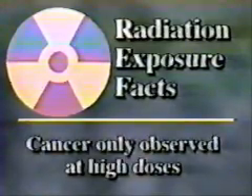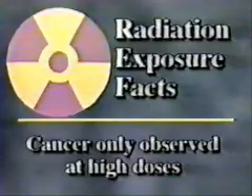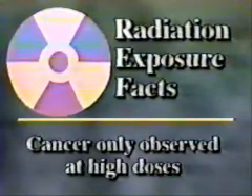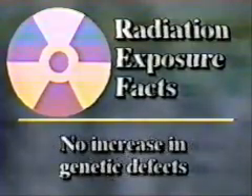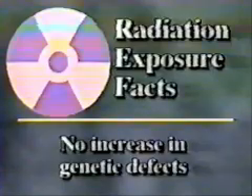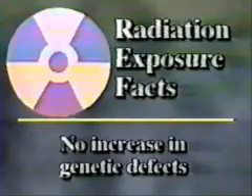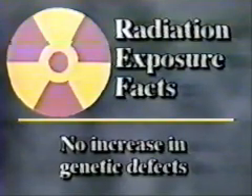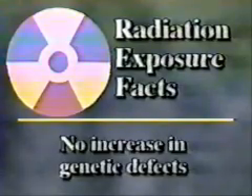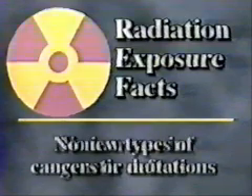Adverse long-term effects, like cancer, have only actually been observed in groups of people exposed to large amounts of radiation. To date, no increase has been observed in the rate of genetic defects in any human study group exposed to radiation, including the children and grandchildren of Hiroshima and Nagasaki survivors.